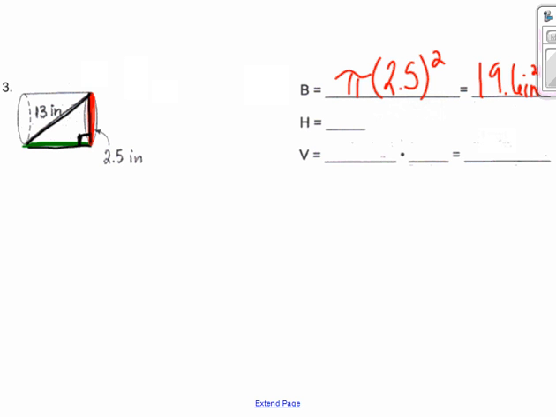So I'm going to let this be my h, and I'm going to double 2.5 to get the whole diameter of 5 inches. Okay. So, I guess we're going to be using Pythagorean theorem. So h squared plus 5 squared equals 13 squared.